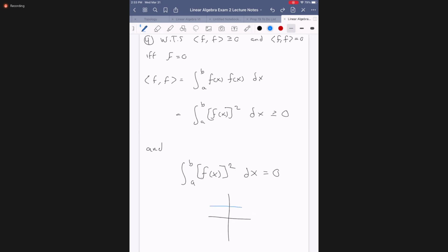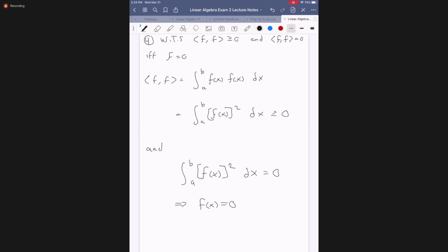It means it's always on top. So if the line was up here, you still have area. The only way that you'll have no area is if that line was down here, right? Which represents the line y equals 0, or f of x equals 0. So yeah, exactly, this implies that f of x has to equal 0.